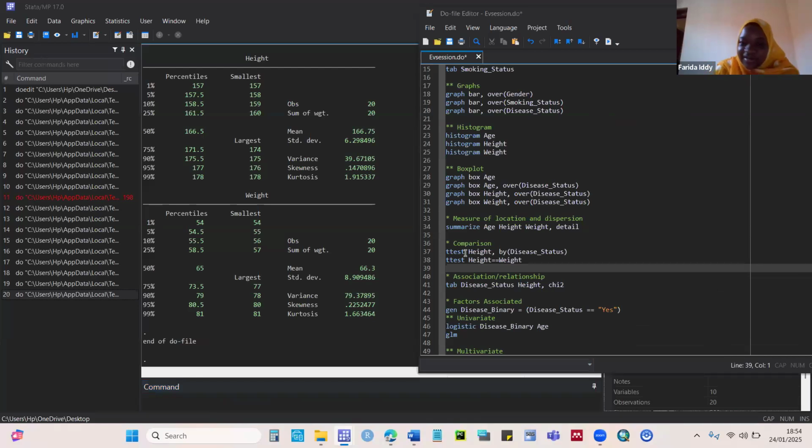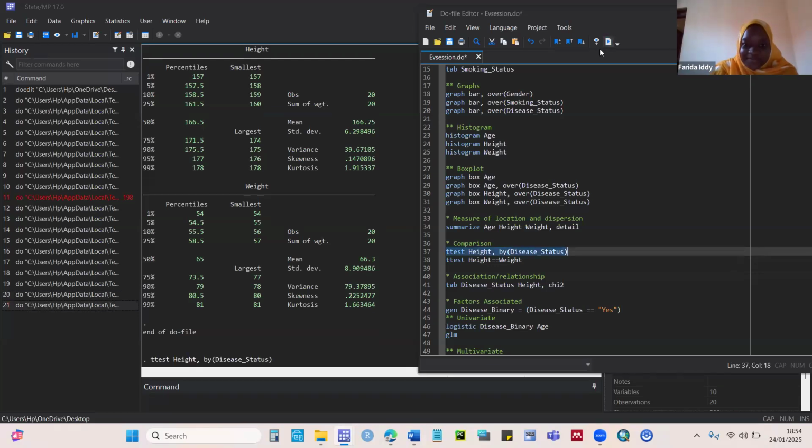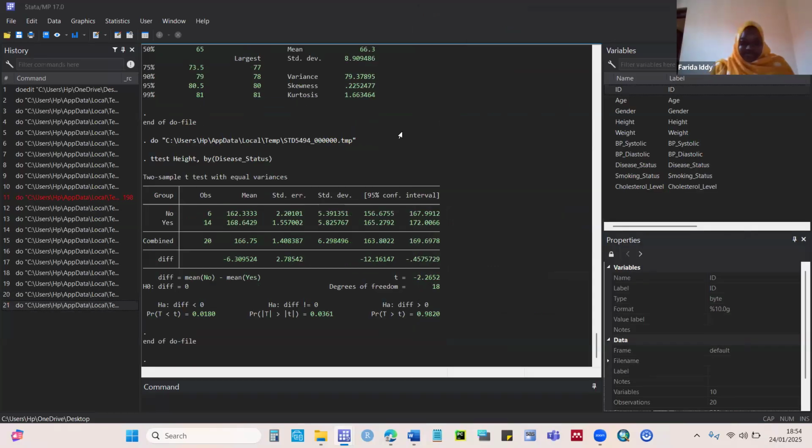Here we want to compare height by disease status, to see whether height has any impact on disease status. So I'll just run it. We have two groups, those who are diseased and those who are not. There are 6 individuals who are not diseased and 14 who are diseased, and these are their respective means and standard errors.